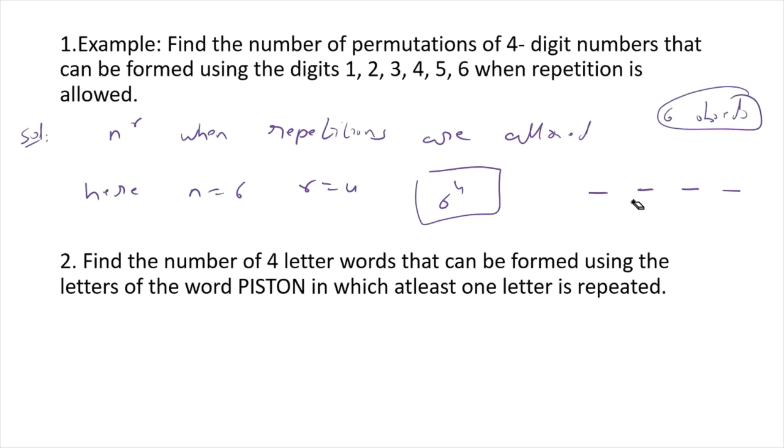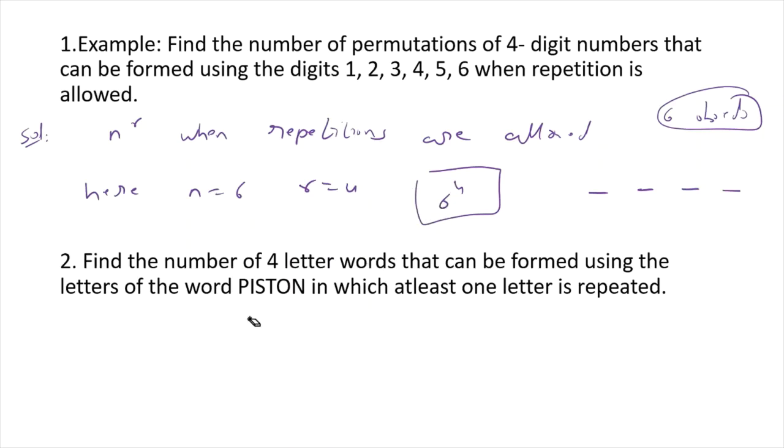When repetitions are allowed, we will not exhaust the objects. So I can use the same object in second place, third place and fourth place. So the number of options to fill the first place is equal to 6 and the number of options to fill the second place is again 6 and the number of options to fill the third place is 6 and the fourth place is also 6. Therefore on the whole, the number of 4-letter or 4-digit numbers is equal to 6 raised to 4.